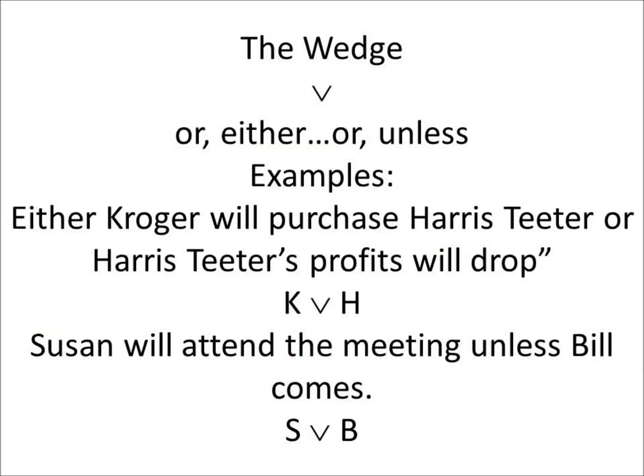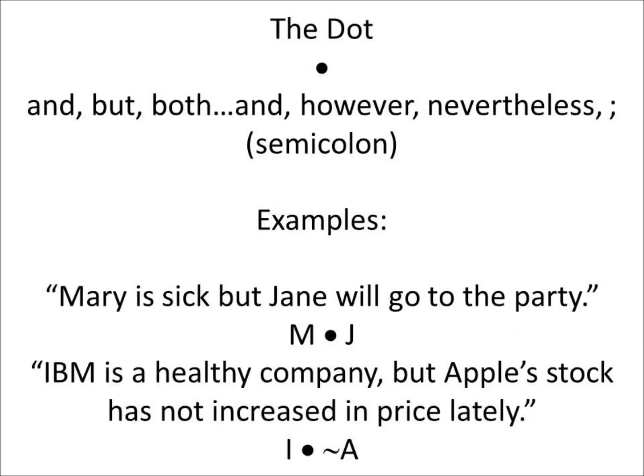Now, the dot is the beginning of what we call binary connectives, or connectives that require at least 2 units to join together. The dot symbolizes words like and, but, both, and, however, nevertheless, semicolon if it's dividing 2 complete thoughts. In other words, we're talking about coordinating conjunctions. So here's some examples. Mary is sick, but Jane will go to the party. I'll correct myself there.